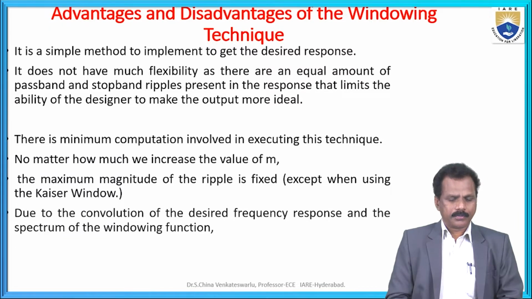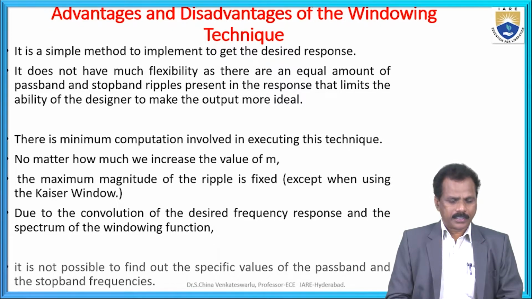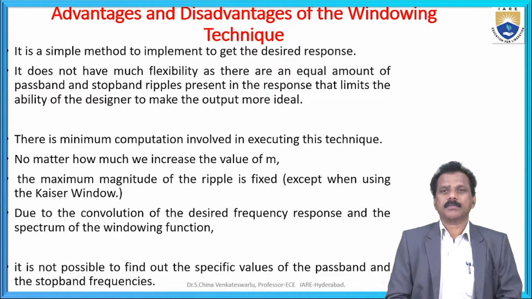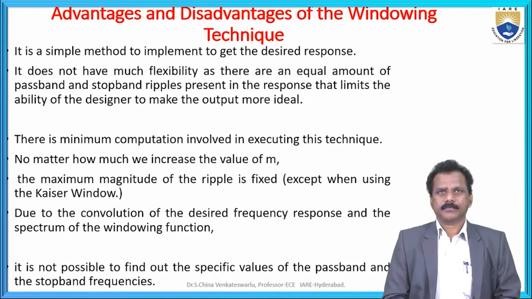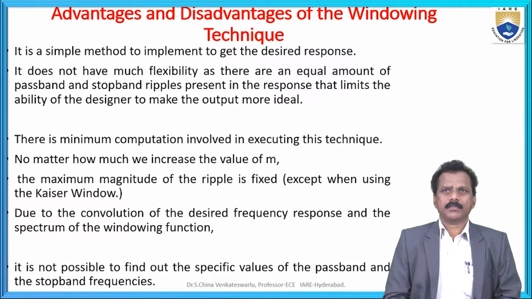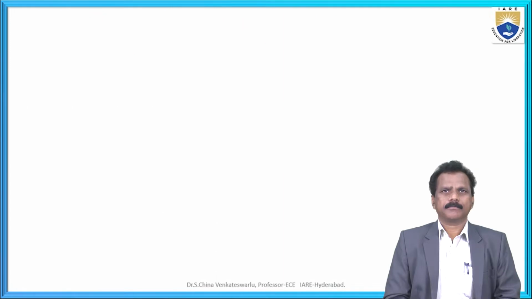Due to the convolution of the desired frequency response and the spectrum of the windowing function, it is not possible to find the specific values of the passband and stopband frequencies. This is the major demerit while using the windowing technique.